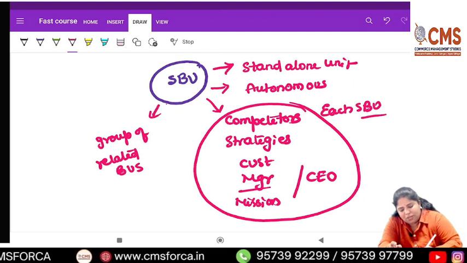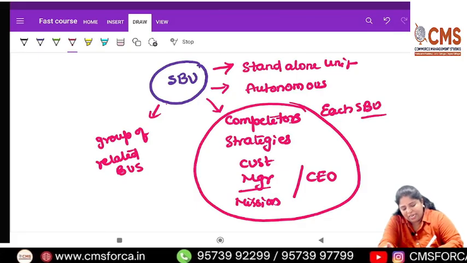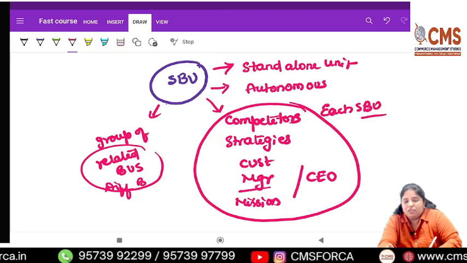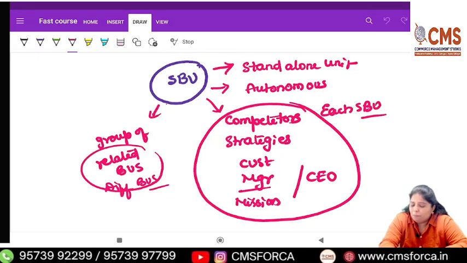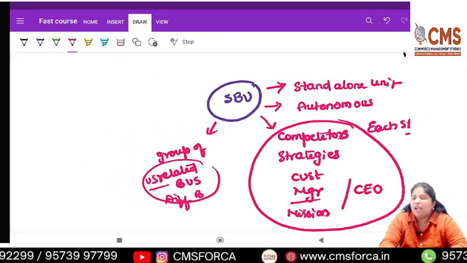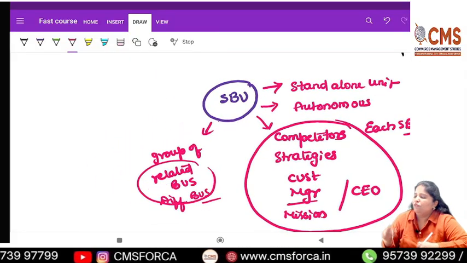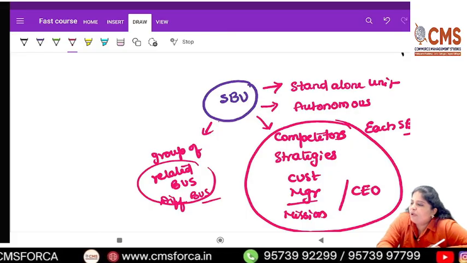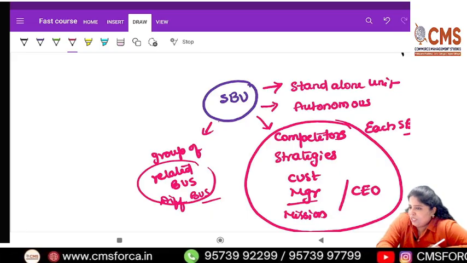So each SBU can be a group of related businesses or a group of different businesses. But what is more ideal is, again, the logic remains the same. We moved to the SBU structure because the multi-divisional structure became hard to manage with more divisions.